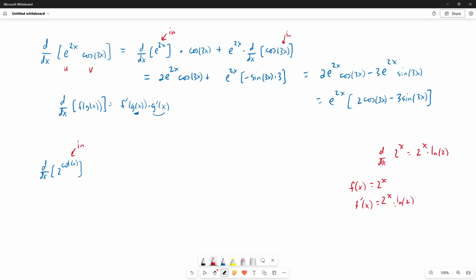And I'm using this notation because in the chain rule, we have to consider f prime of g of x. So the expression f prime of g of x, we replace the x in f prime of x with g of x. So we get 2 to the g of x times the natural log of 2.